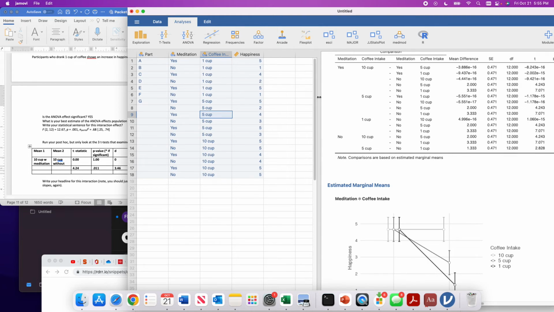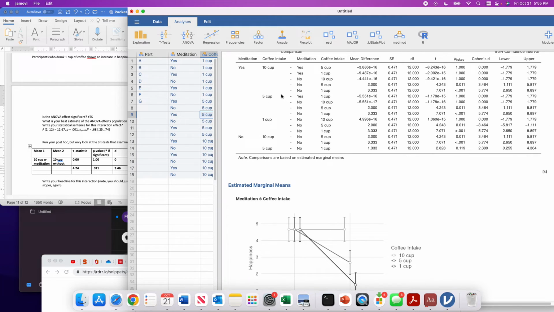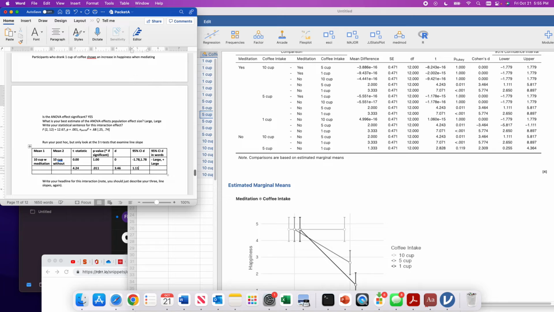Oh, and I just made a headache for myself, but that's fine. I'm right here: 1.11 to 5.82. This is a large to large effect. So the difference between 5 cup with meditation and 5 cup without is a large effect.